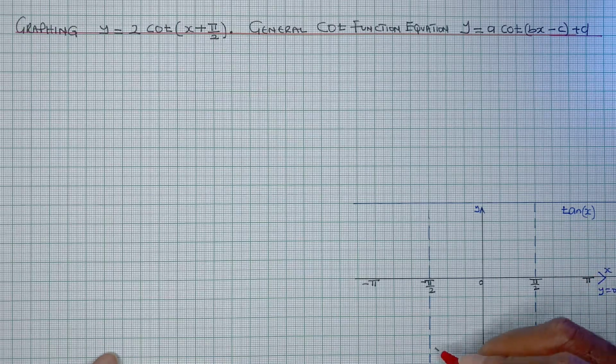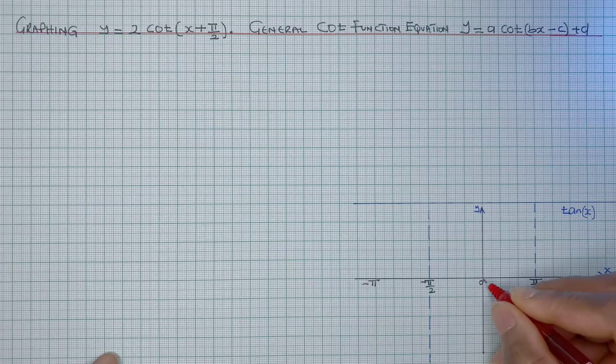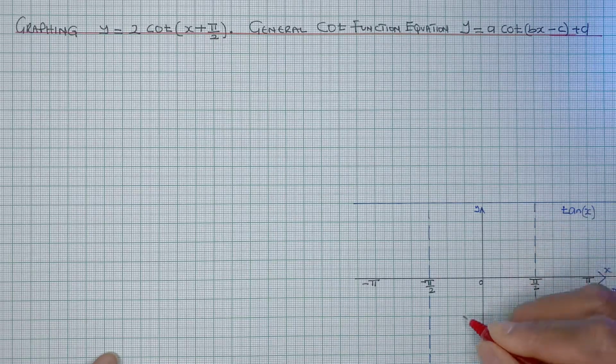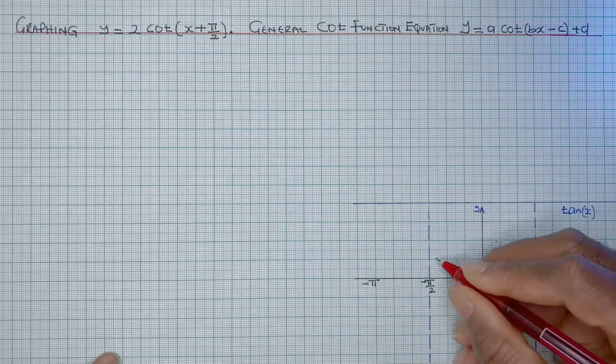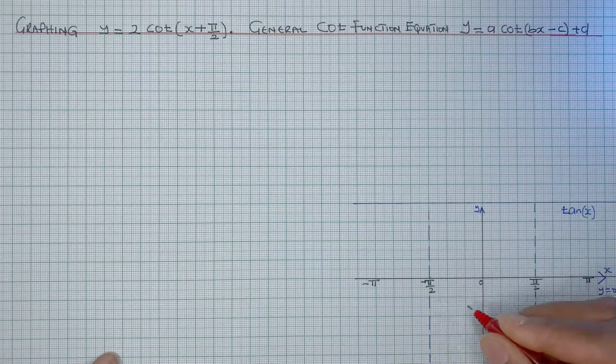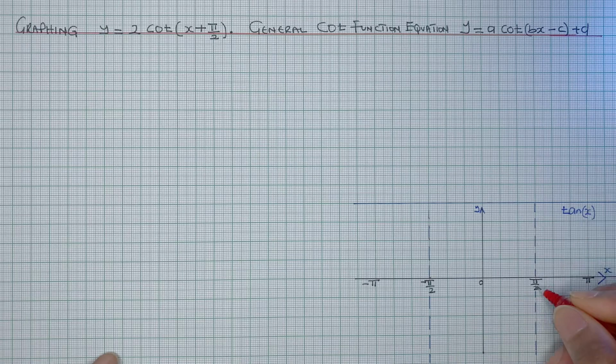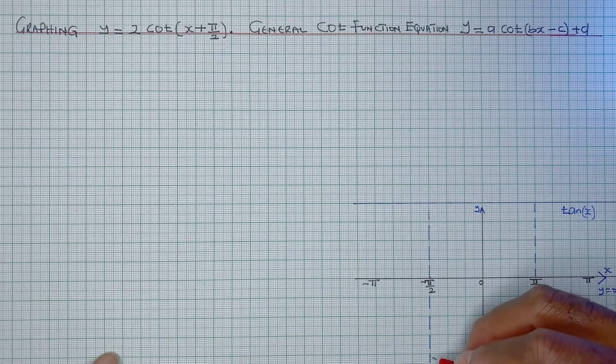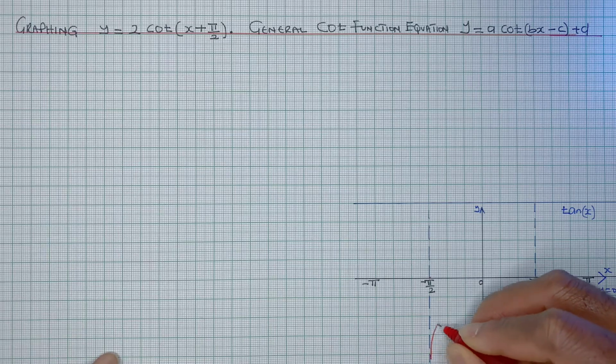Tan x goes from negative infinity to 0 and then to positive infinity. The lines of asymptote are pi over 2 and minus pi over 2. So it has a period of pi.